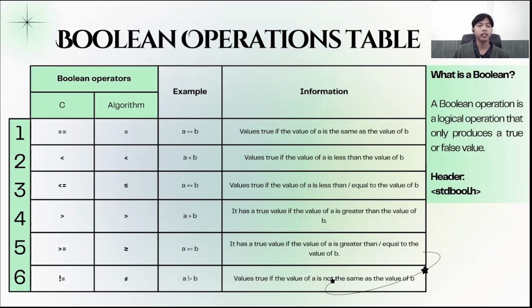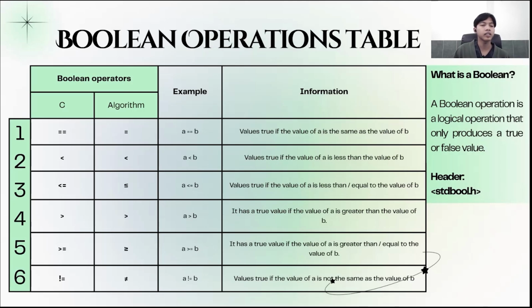In C, it's more than, and also in algorithm, it's more than. For example, A more than B means it has a true value if the value of A is greater than the value of B.